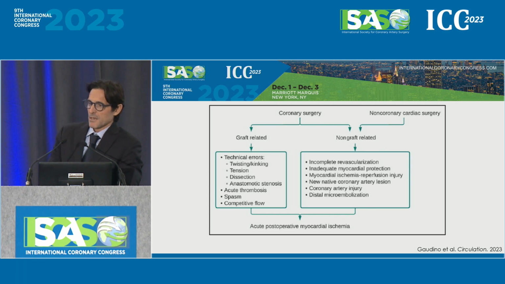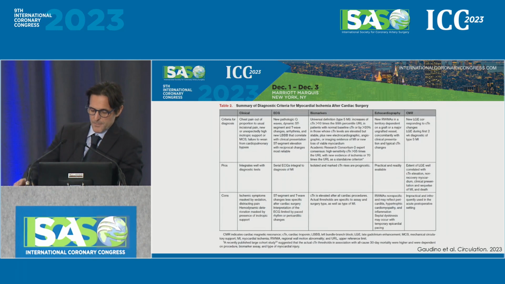After CABG, clearly it's mostly related to the graft, either kinking, thrombosis, or anastomotic issue. After non-coronary surgery, the problem is most frequently incomplete revascularization, poor myocardial protection, ischemia reperfusion injury, or iatrogenic lesion to the coronary artery during valve or aortic surgery.